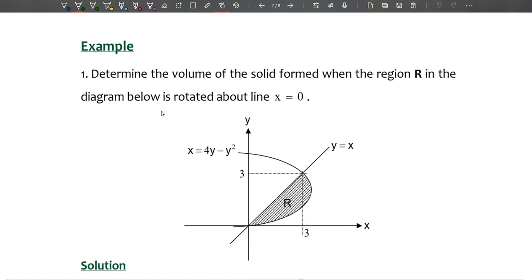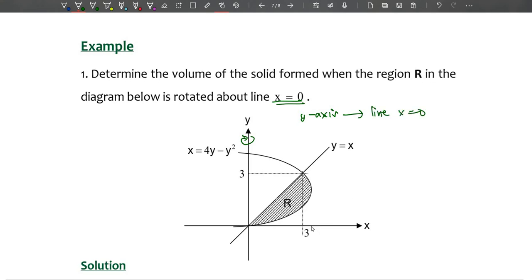Let's look at the example. Let's say we want to determine the volume of the solid formed when the region R in the diagram below is rotated about the line x equal to 0. When stated line x equal to 0, we rotate about the y-axis, because the y-axis is the line x equal to 0.